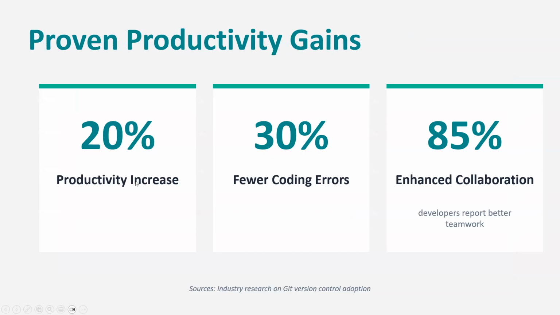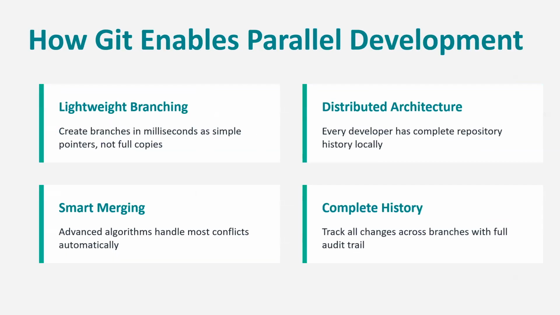You can see these are just some of the studies: a 20% productivity increase, fewer errors, enhanced collaboration among the developers, so people can see what each person is doing, and they can work with the changes and merge them together. And these are the functions within Git that allow you to do that.